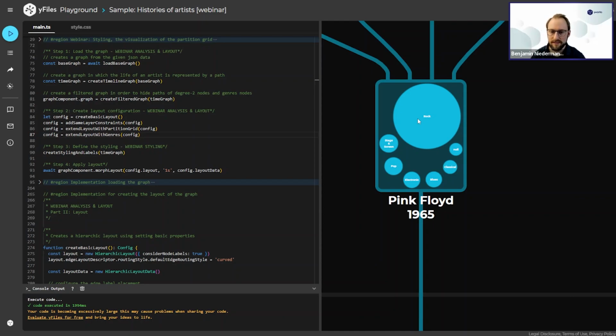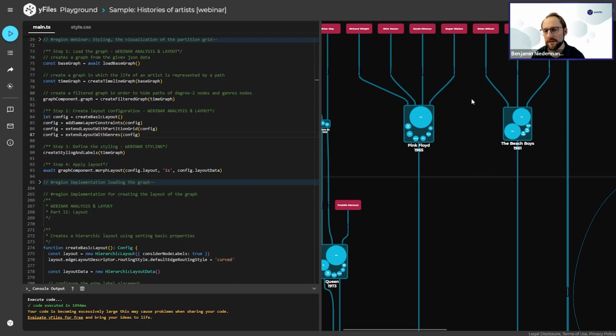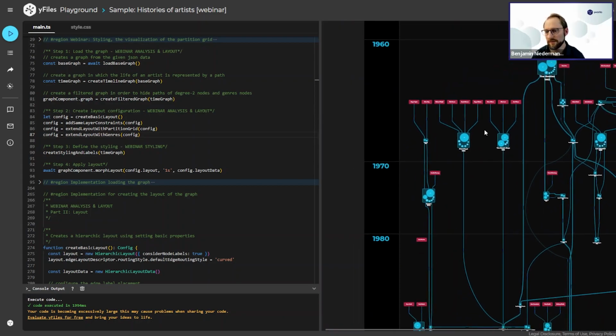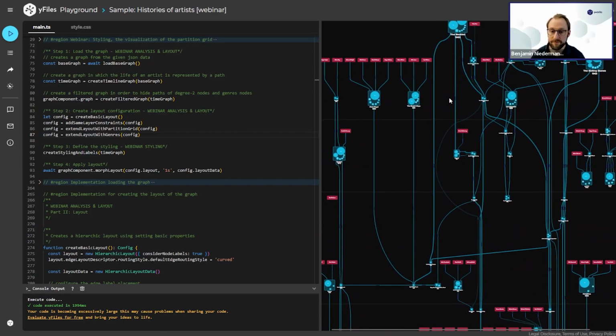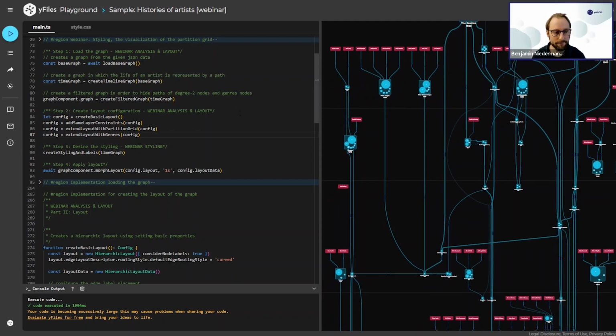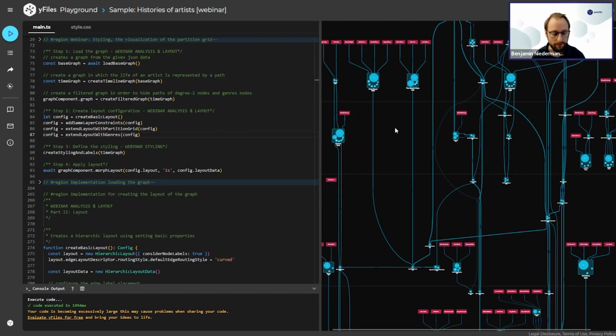And these are typical possibilities how you can use our layout algorithms to create such visualizations. If you are interested in more details about this, then as I already said, there will be a follow-up webinar on this. And I only wanted to give you some rough ideas about this.